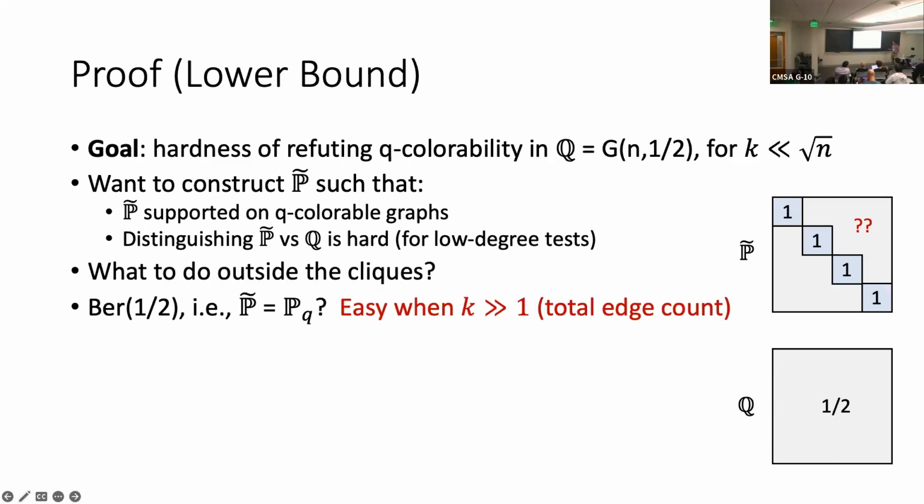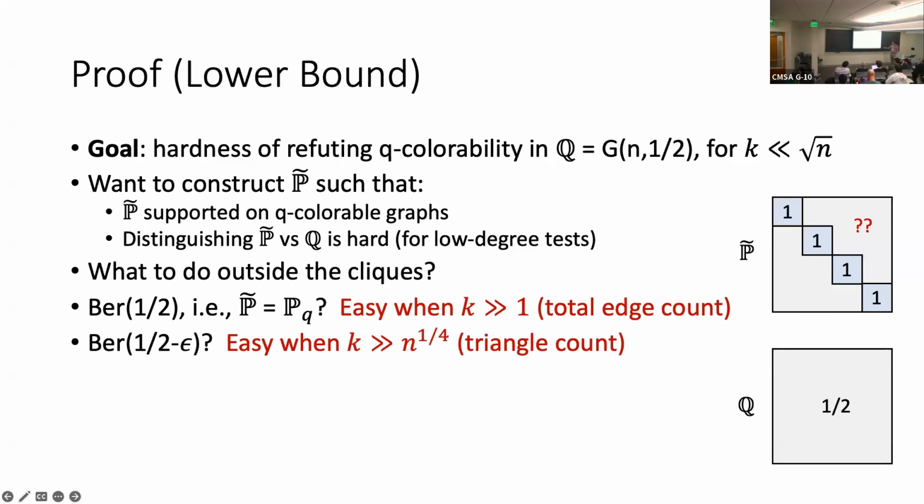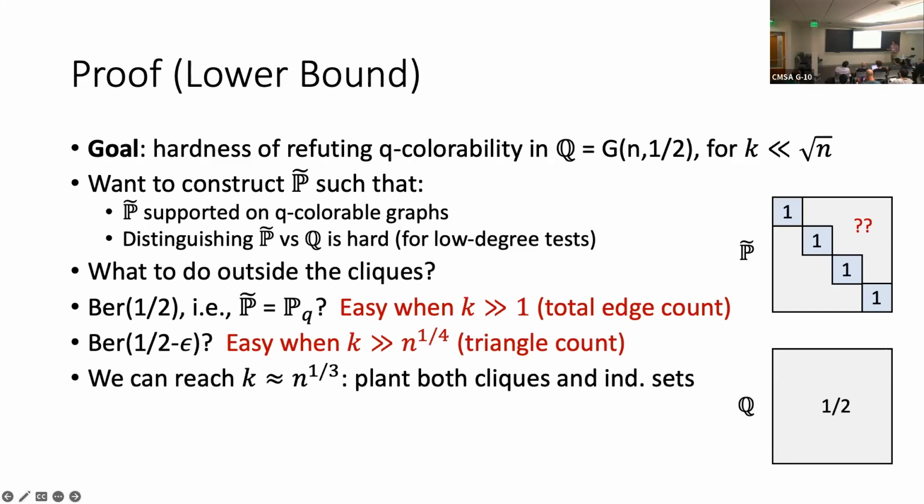So what should you do? Maybe the first thing you could do is just put 1/2 here, but we already know that's too easy because of the total edge count. You could even put 1/2 minus epsilon to correct the edges, but you have the same story where the triangle count is still going to screw you up. And so our final construction, that reaches this n to the 1/3, is kind of a weird thing that plants both cliques and independent sets.